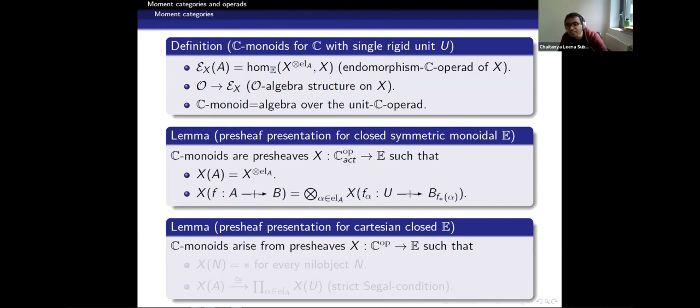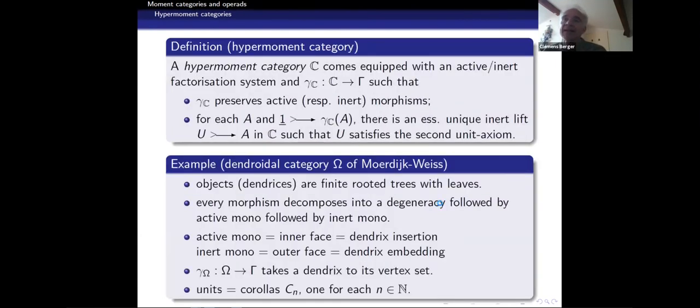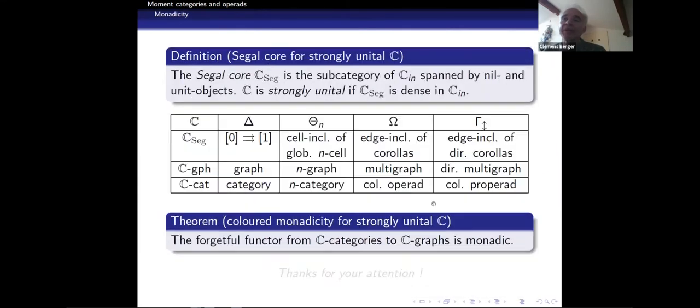So I have something which goes in this direction. I had prepared much more. So what I can define goes a little bit in your direction, but it's not precisely what you are saying. In all examples I have discussed, I can define what is called a Segal core.